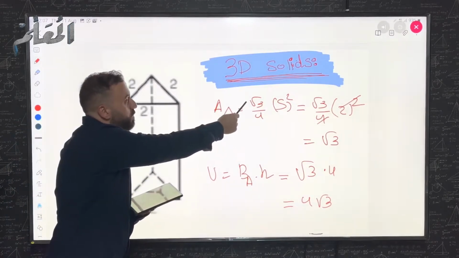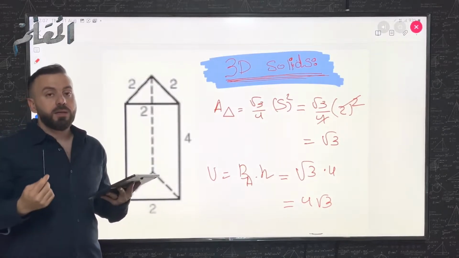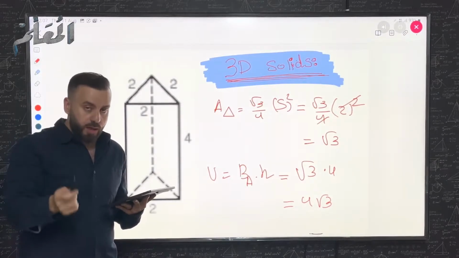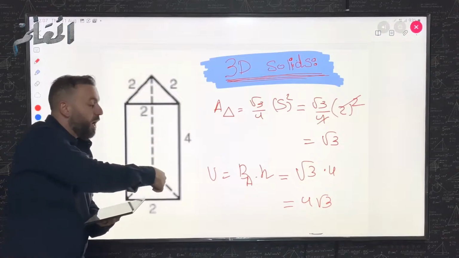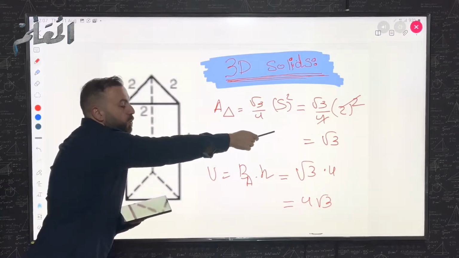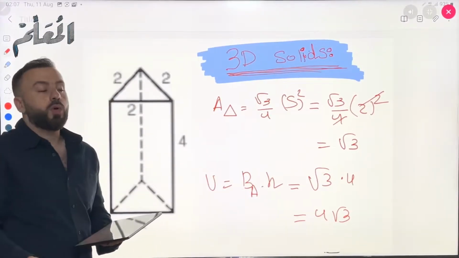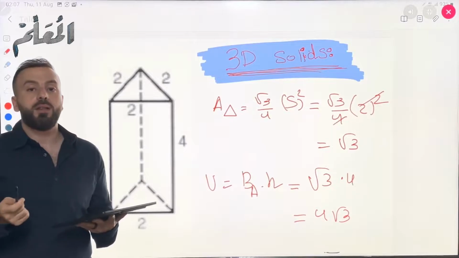The area of the equilateral triangle is radical 3 over 4 side squared, and the volume of the triangular prism is the base area times height. The base area is radical 3 and the height is 4, so the volume is 4 radical 3.